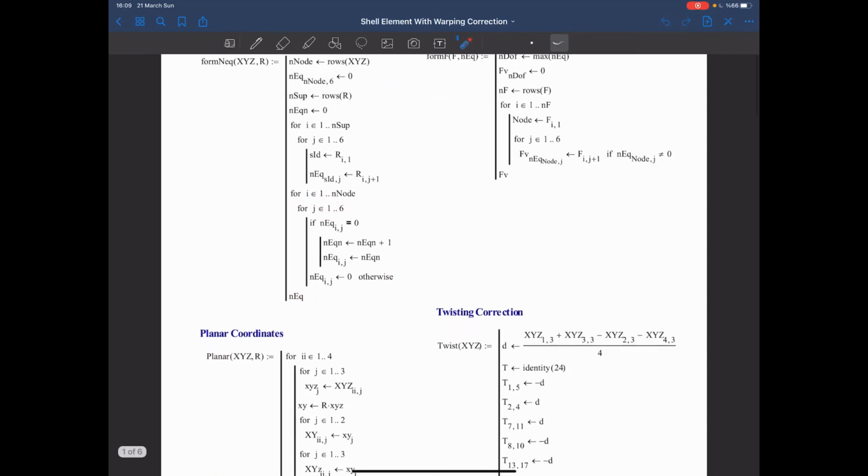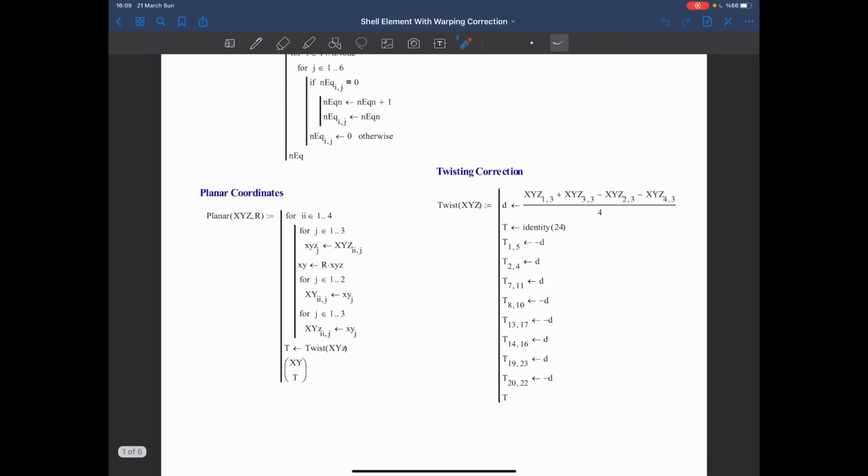Now the important thing here is the warping correction. Now, as we discussed, we obtain the rotation matrix, and the rotation matrix is obtained by using the coordinates of V12 and V13, and we obtain the U1, U3 and U2 directions as follows.